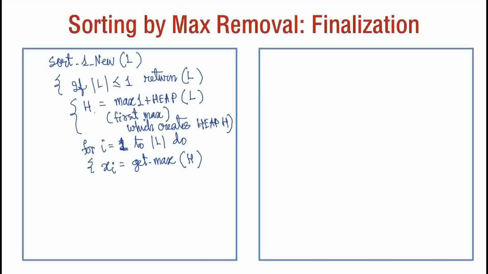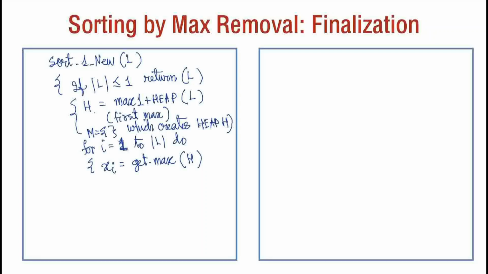This returns our heap data structure, and then from i equal to 1 to n, we just do get max Hi, and all we now do is concatenate. We initialize our sorted list, the final list that we want, M equal to null.